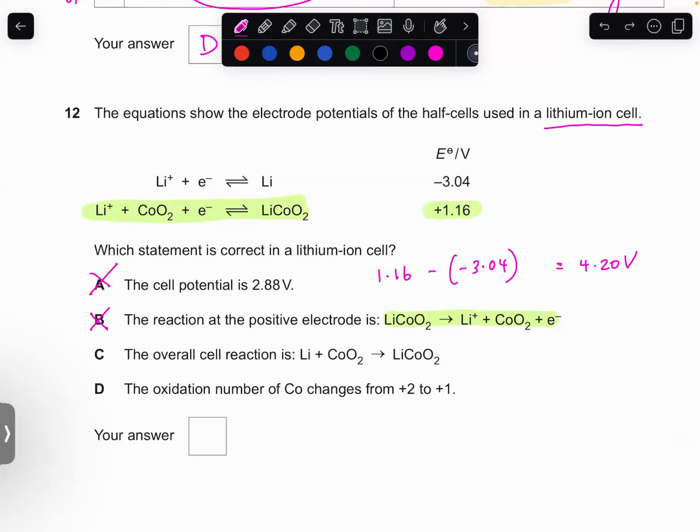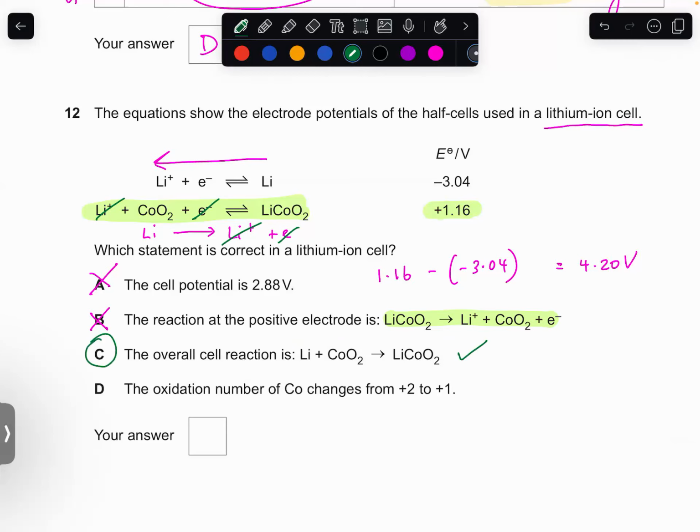So this gets flipped around because it's the more negative one. Let's flip this over. So this will be Li going on to give you Li+ and an electron. And what's on both sides gets cancelled out. And you've got, yep, this is actually correct.